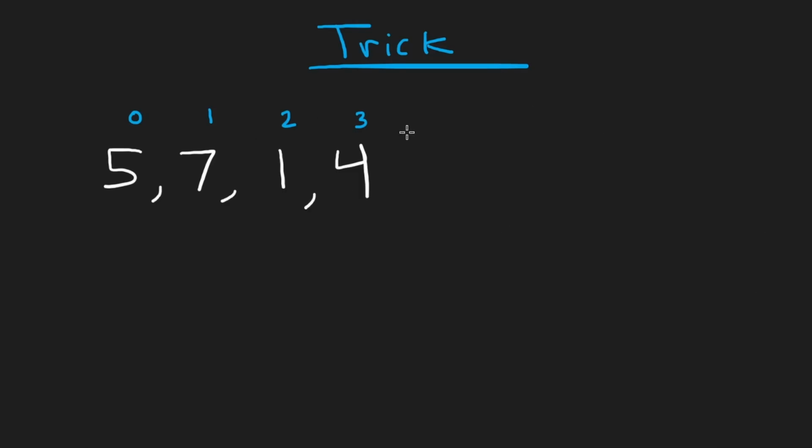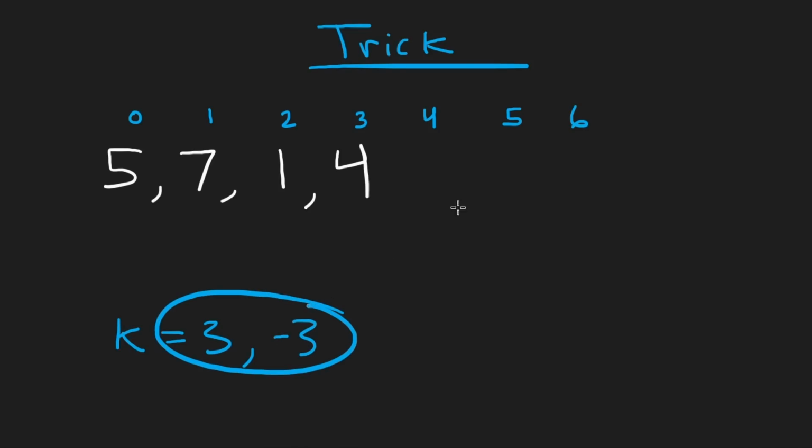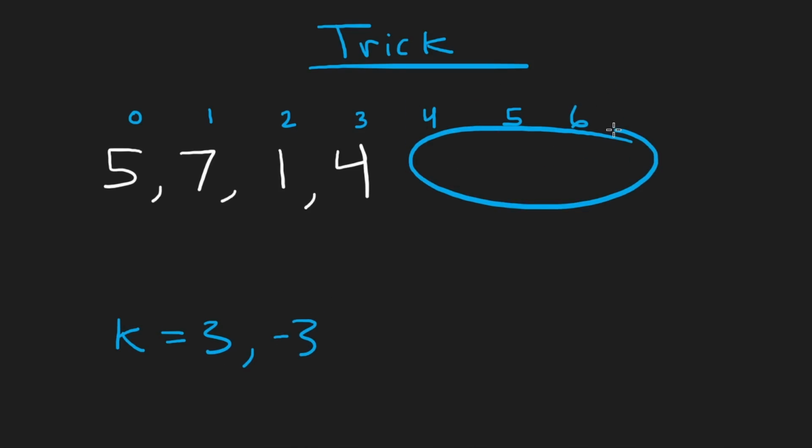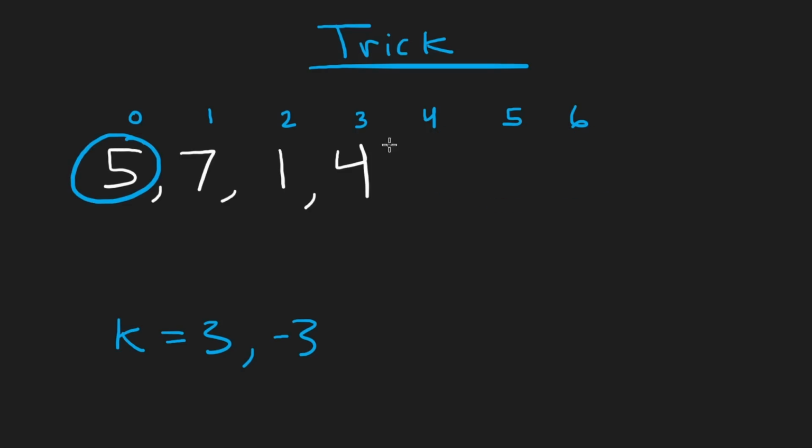Think of this. We get out of bounds sometimes, right? And those out of bounds indexes are going to be 4, 5, up until 6. Let's assume that k is equal to 3 in this case, or it could also be equal to -3. Either way, we're going to take k spots here because we might end up out of bounds. Like for example, if we're here, give me the next k. If I'm here, give me the next 3.